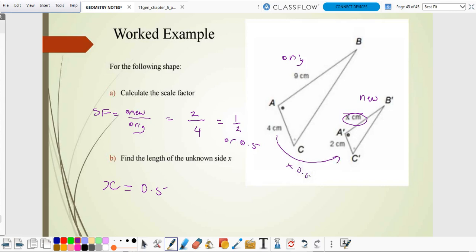That means to go from 9 to x, also multiply by 0.5. Right, so 0.5 times 9 equals 4.5. Okay, so that means x is 4.5 or half as big as it used to be. Okay. We understand, guys?